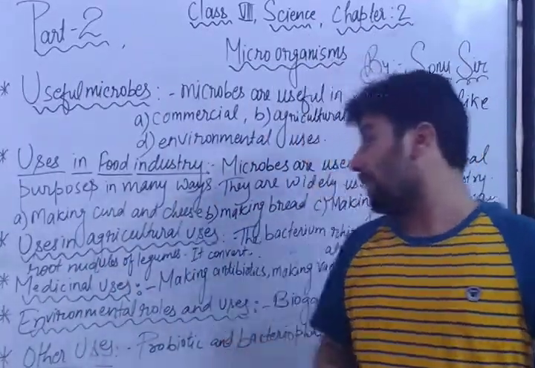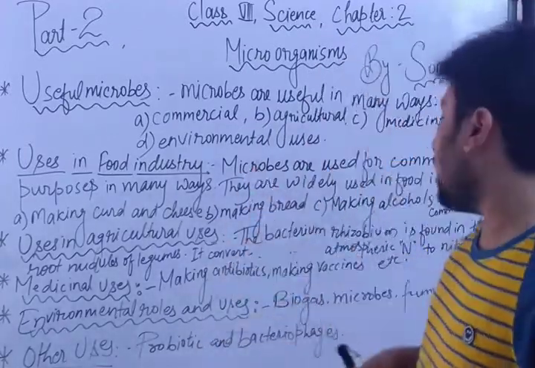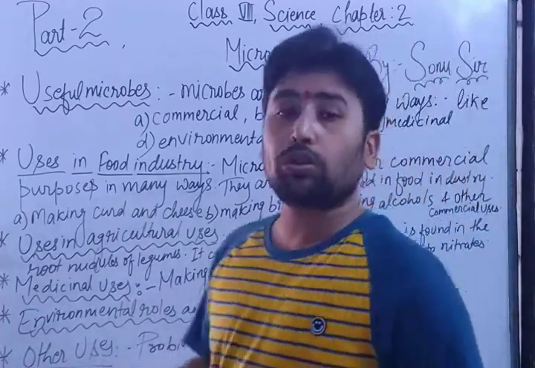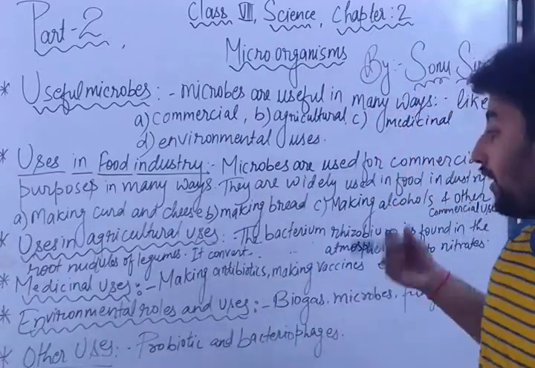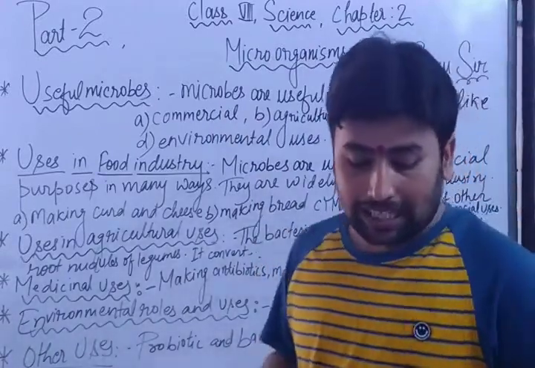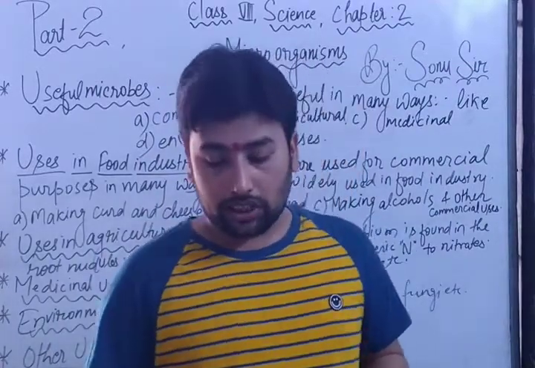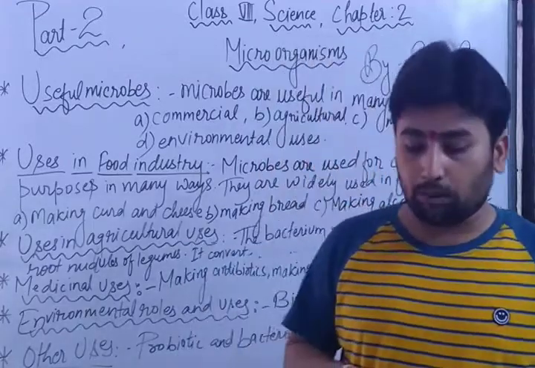So what happens is that this bacterium Rhizobium takes the atmospheric nitrogen, and these root nodules of legume plants convert this atmospheric nitrogen to nitrates, and then plants get nitrogen. So remember, dear students, in agricultural uses, these nitrates are absorbed by the plants.